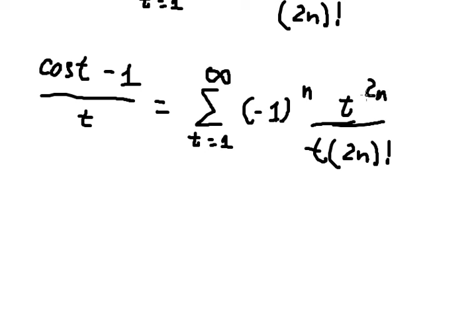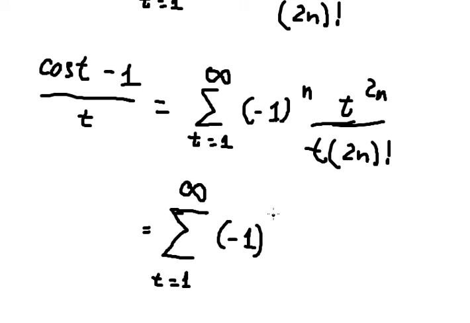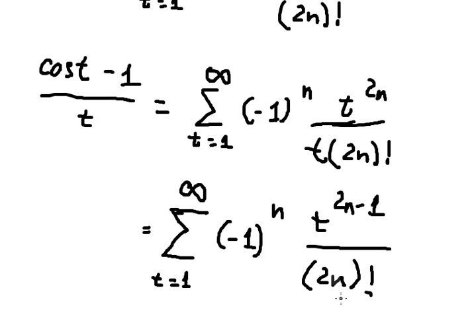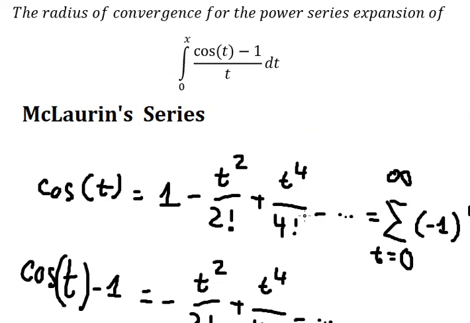So t to the power of 2n divided by t, we can write like this. So we can put this one inside this one.